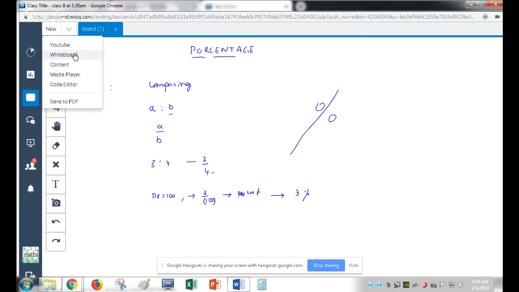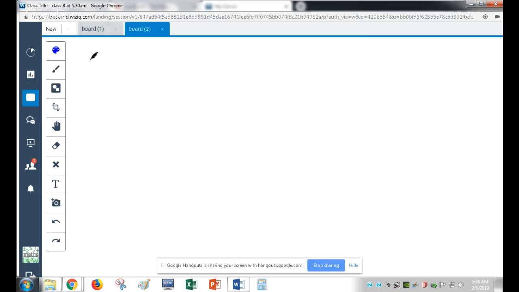Then how to convert into the percentage? For example, you have a ratio 3 is to 4. How to convert into percentage? First you write it as a fraction, 3 upon 4, and then multiply with 100.